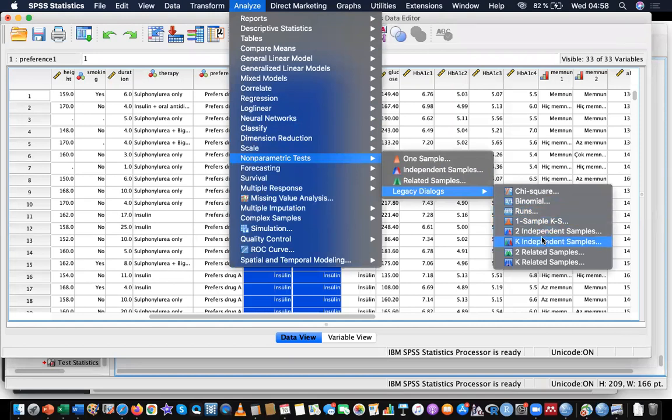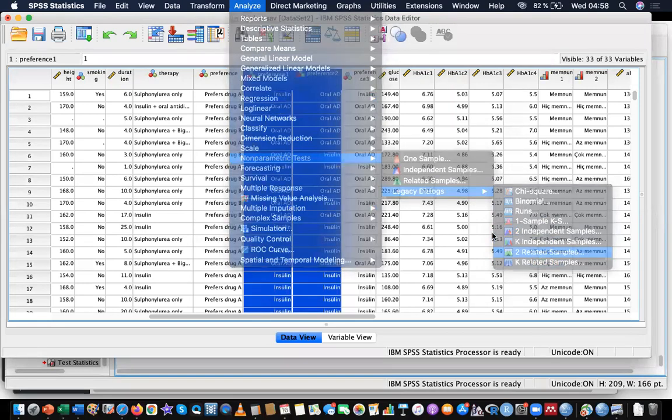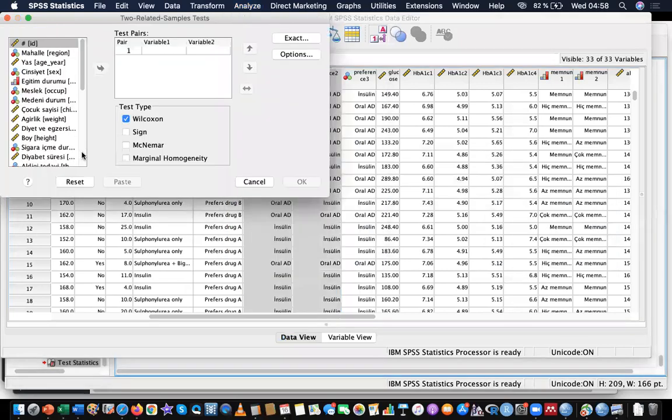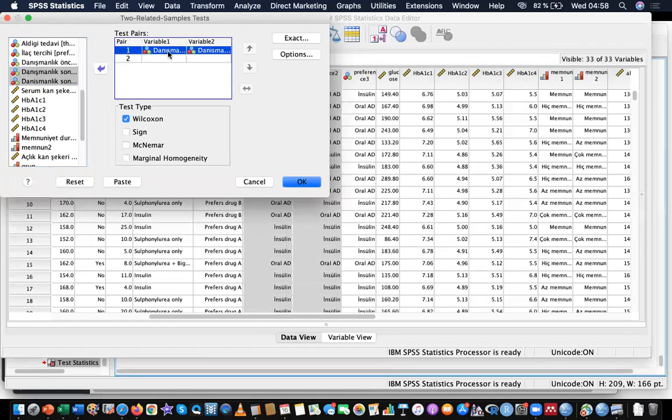Of course, since this is categorical data now, I go for the non-parametric tests and two related samples. Let me select preference 1 and preference 2 here. And not Wilcoxon, of course, this time McNemar's test. You see also the other tests here, McNemar's test.